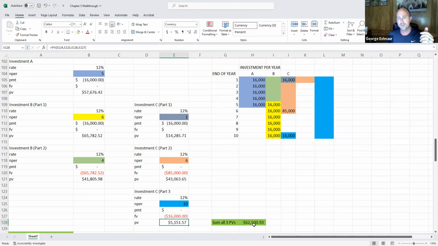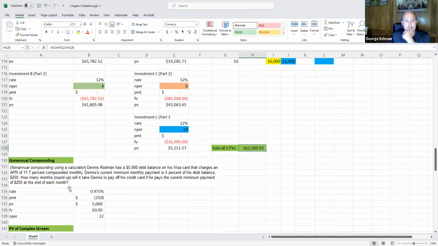And if you sum them all, they're doing all the work for you behind the scenes. That one takes a little bit more time, but that's okay. It's on page 190 or 172 in the textbook. It does take some beating around to get done, but you can figure it out.